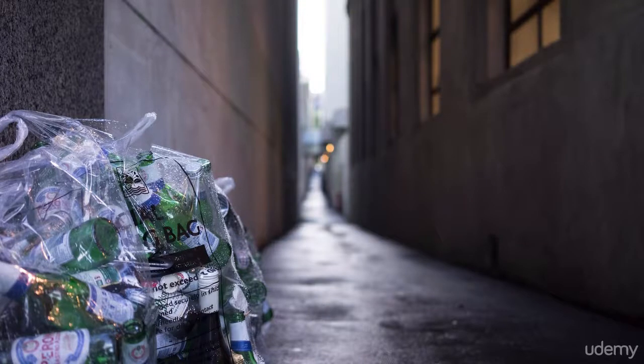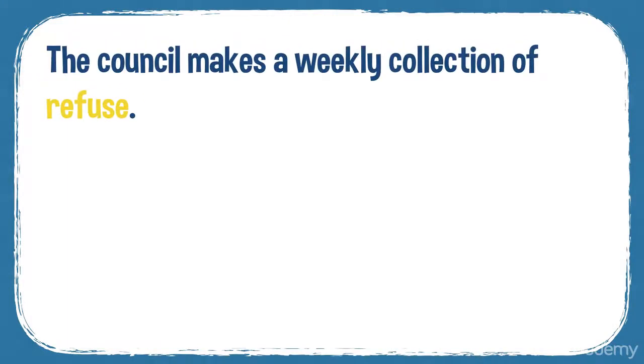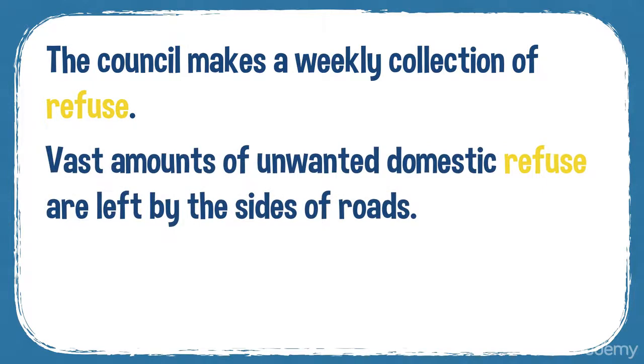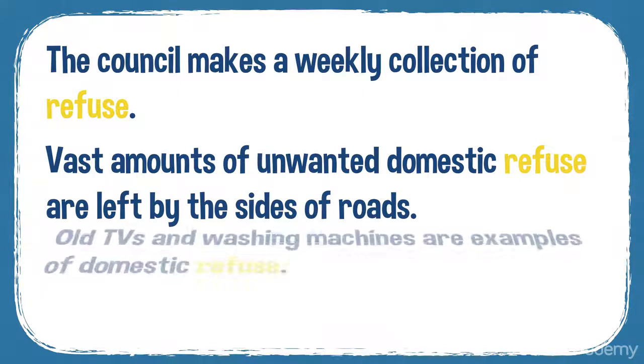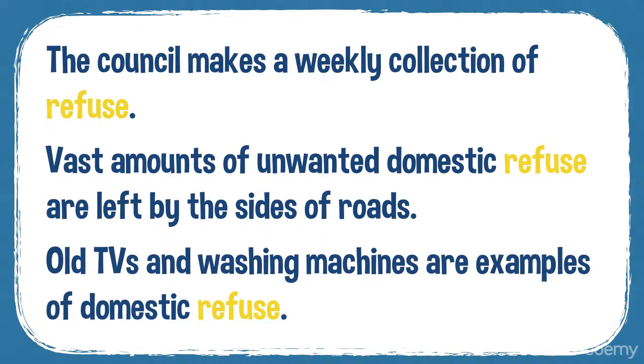So here's some refuse left in a rubbish bag. The council makes a weekly collection of refuse. Vast amounts of unwanted domestic refuse are left by the sides of roads. Old TVs and washing machines are examples of domestic refuse.